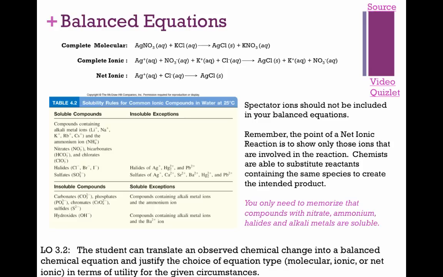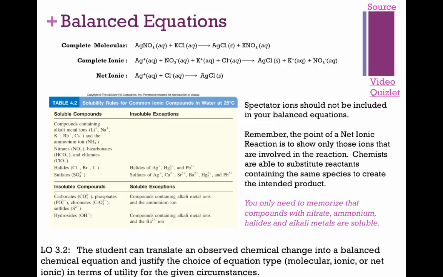Then balanced equations, again, just knowing the difference between the complete molecular, which is what you would normally think of as a balanced equation, complete ionic when you split up everything that's soluble, and then your net ionic. Just remember the only solubility rules that you have to know are potassium, nitrate, ammonium, and sodium. If they want you to know any other solubility rules, they will tell you.